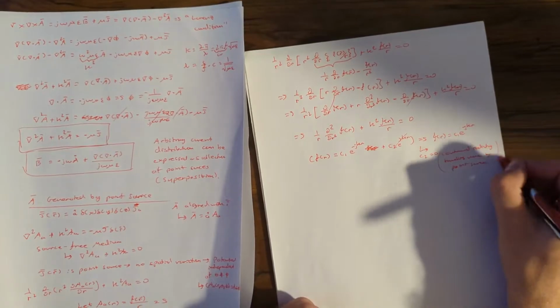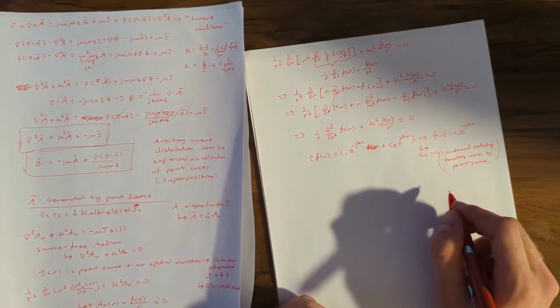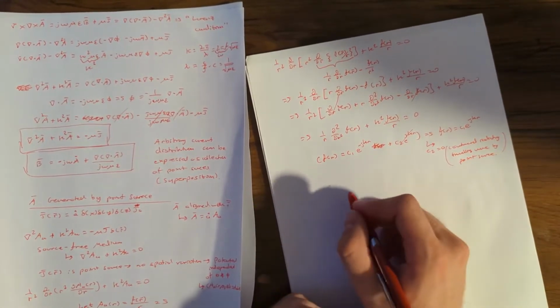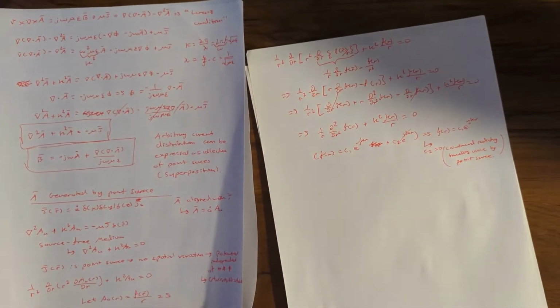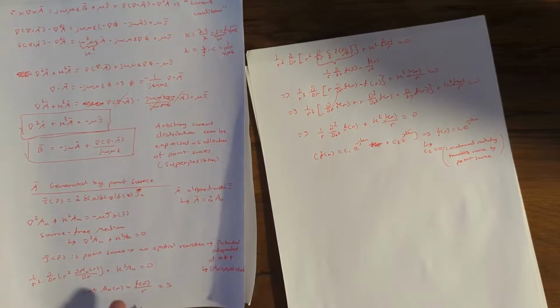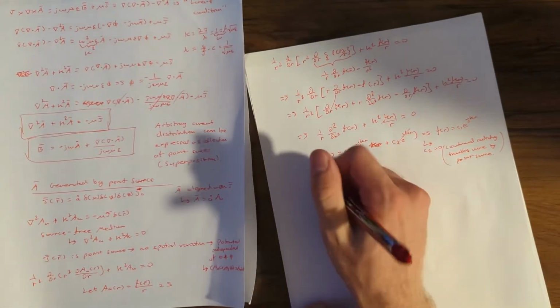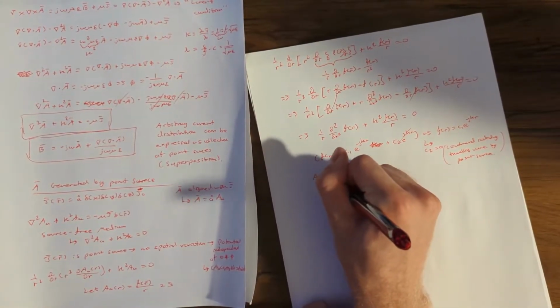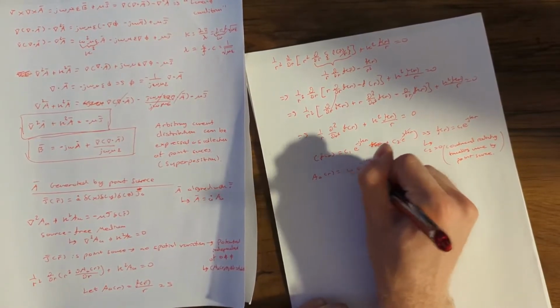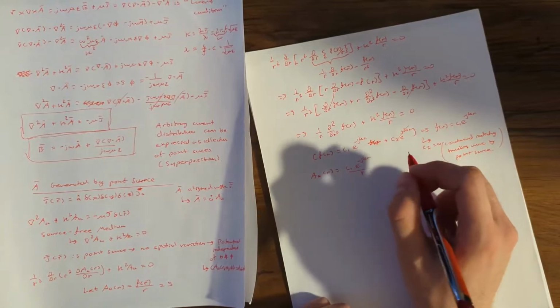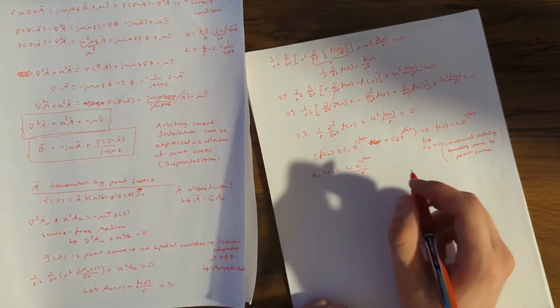Plugging this solution back in to A of r equals f of r over r, we will have A of r equal to c1 e to the negative jkr over r.